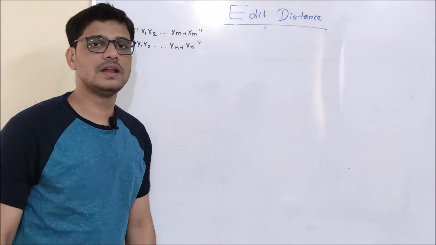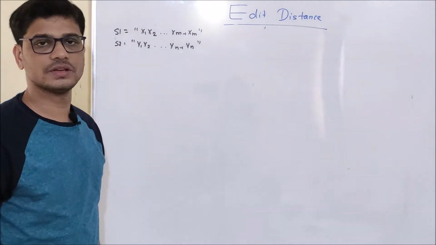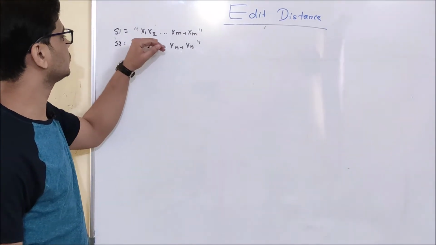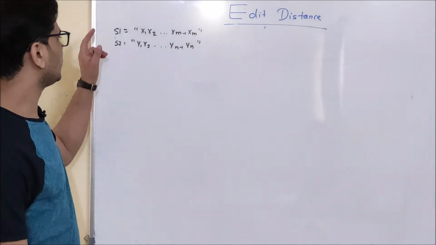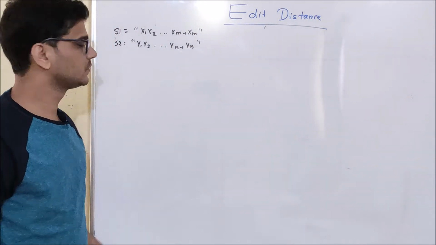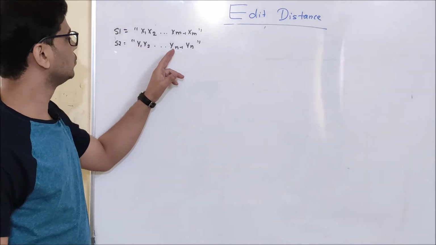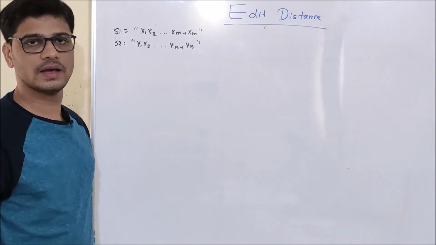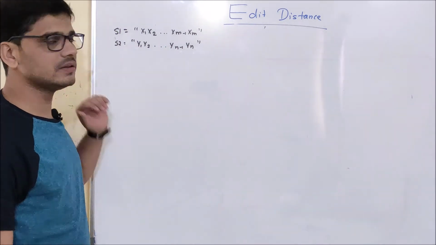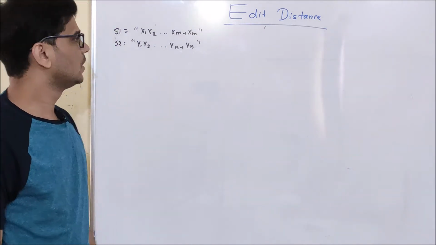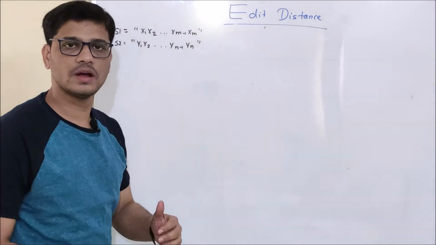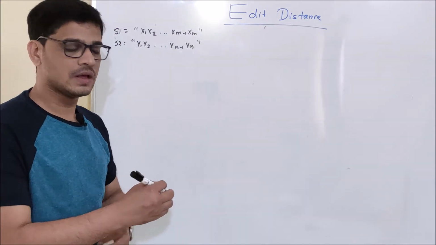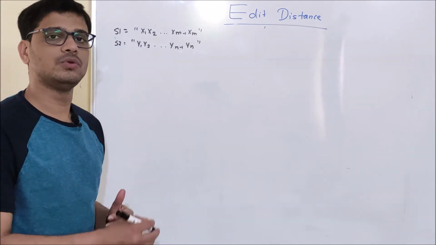To solve this, let's take an example of these two strings S1, where S1 is equal to x1, x2 to xm-1 and xm. That means m is the length of string 1, and S2 equal to y1, y2 to yn-1 and yn, and here n is the length of string 2. Now to solve this, we will write a program, and while writing the program I will let you know why I am doing this.